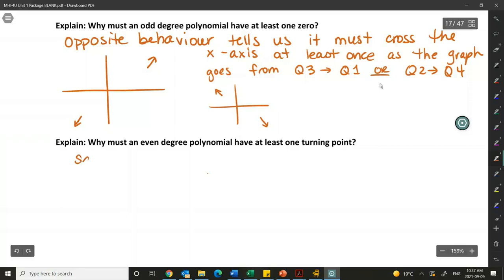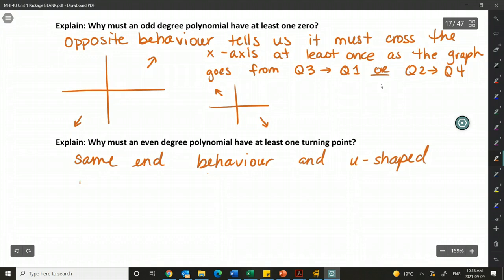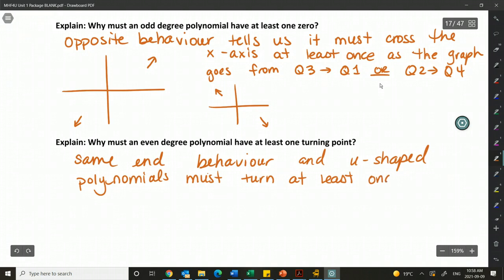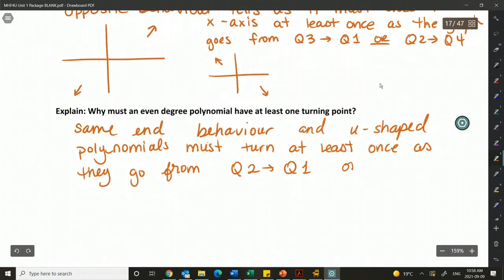Okay, so because it has the same end behavior, and it's U-shaped, they will either go from quadrant 2 to quadrant 1, or quadrant 3 to quadrant 4.